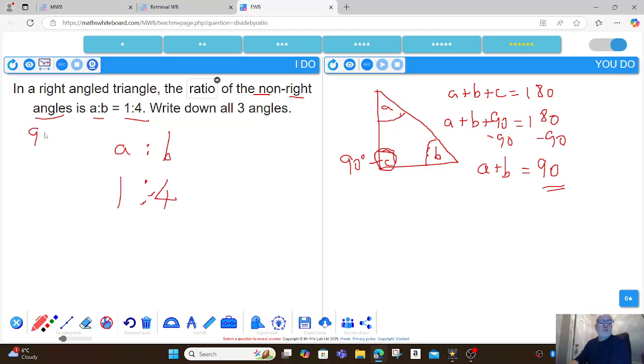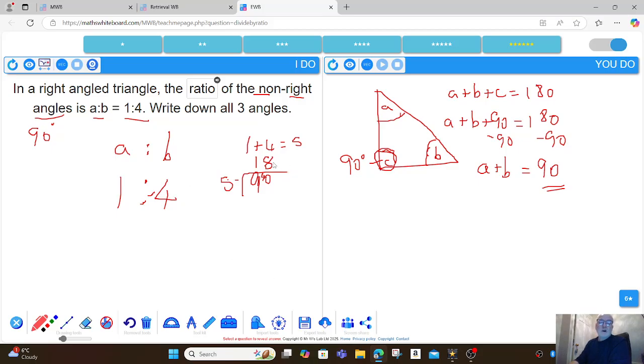So if I've got my total being 90 degrees, I can do the same thing as we did when we first divided into a ratio. 1 plus 4 gives me 5 parts. 90 divided by 5, 5's into 9 goes 1, remainder 4, 5's into 40 goes 8.